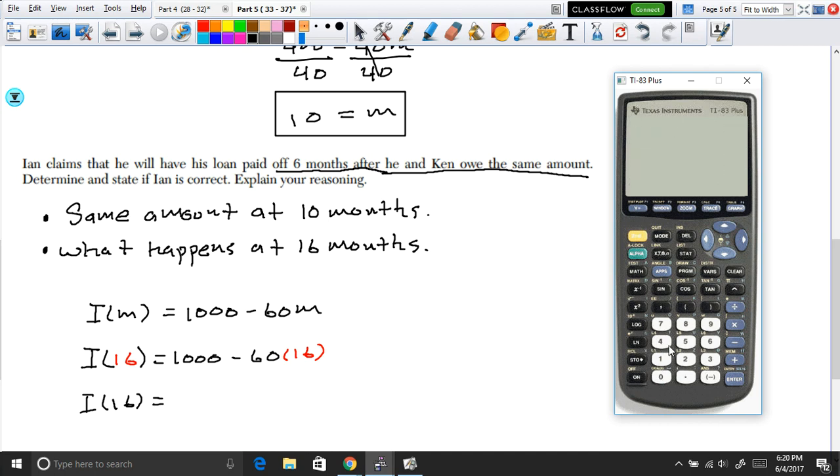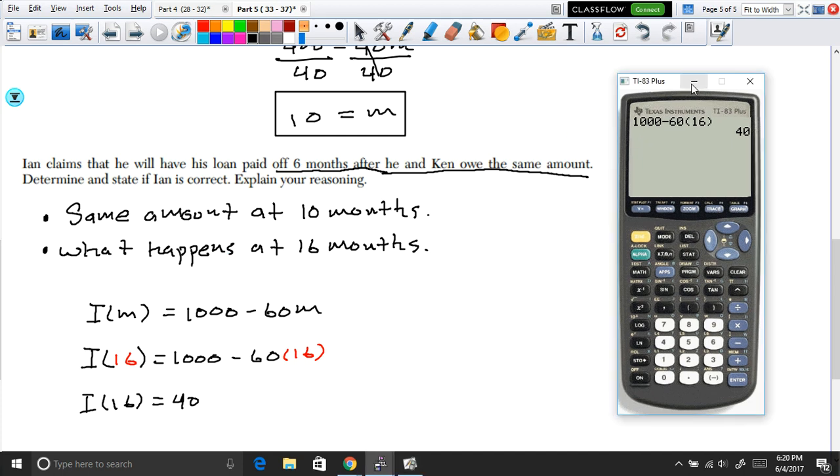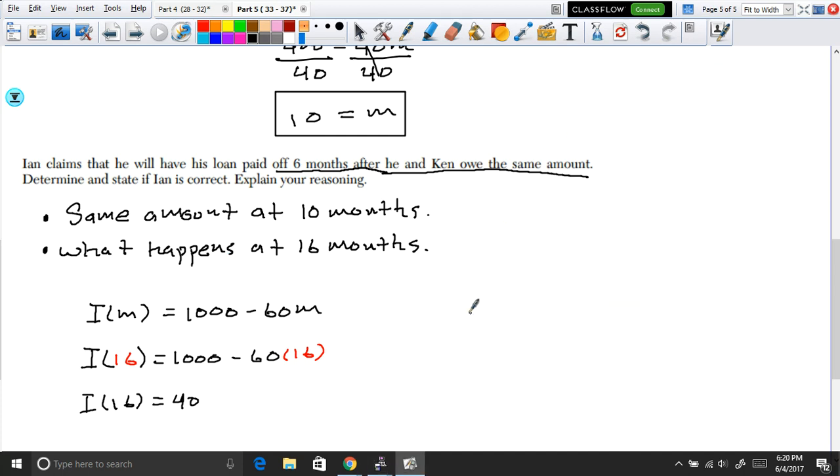So 1000 minus 60 times 16, so that's 40 bucks. So this is saying that after 16 months, Ian will still owe $40. So was he right? Nope, he was not right. So let's just say in here, Ian is wrong.